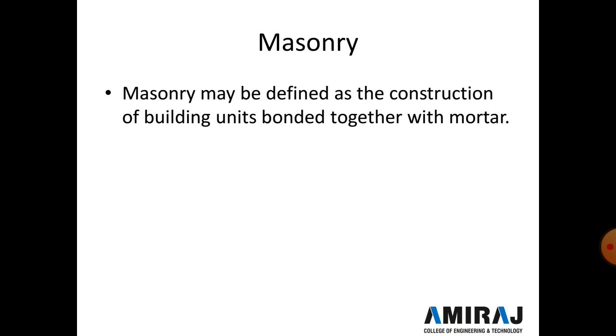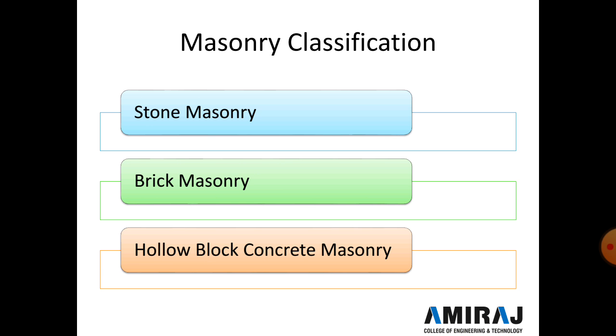This type of concrete block is light in weight and is used in high-rise buildings because it is light and its strength is higher as compared to stone or brick.